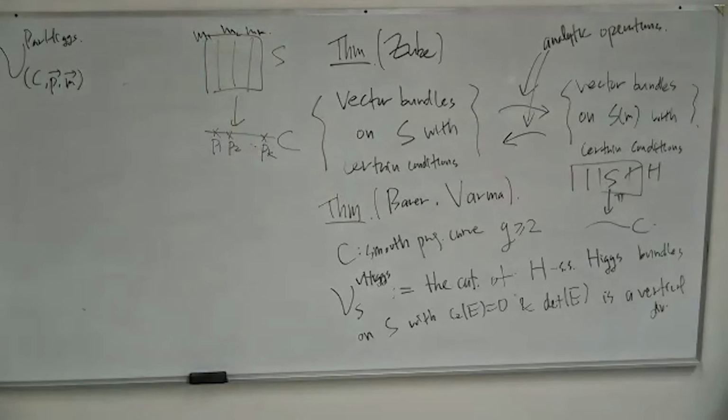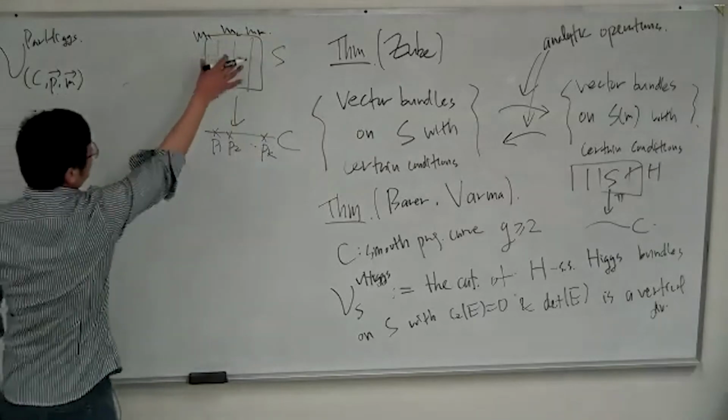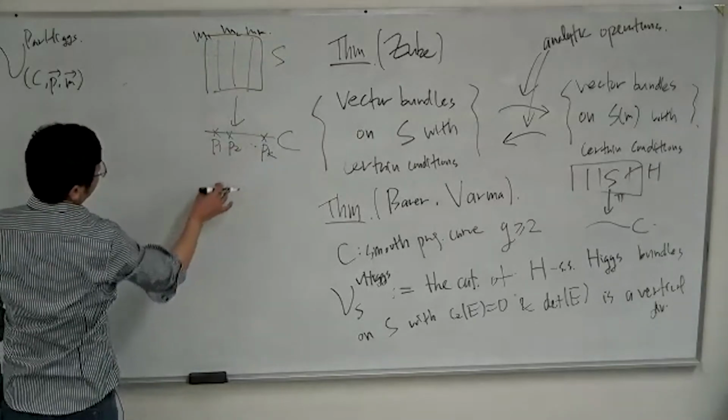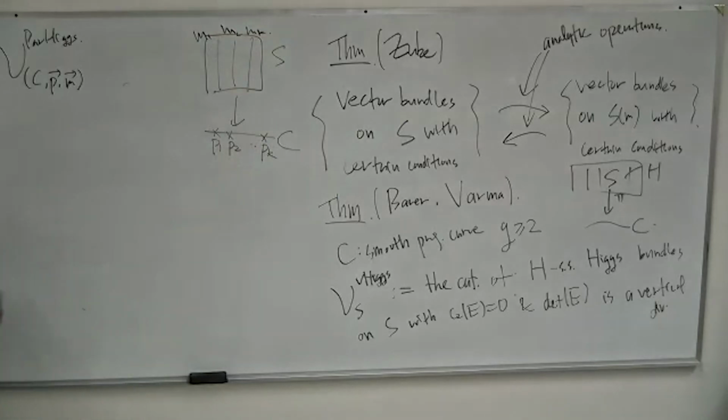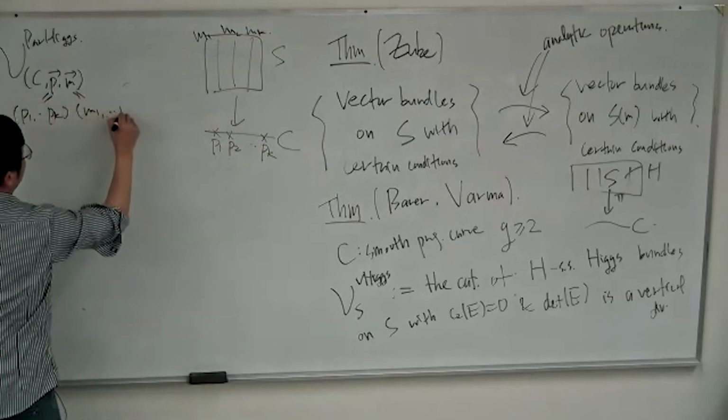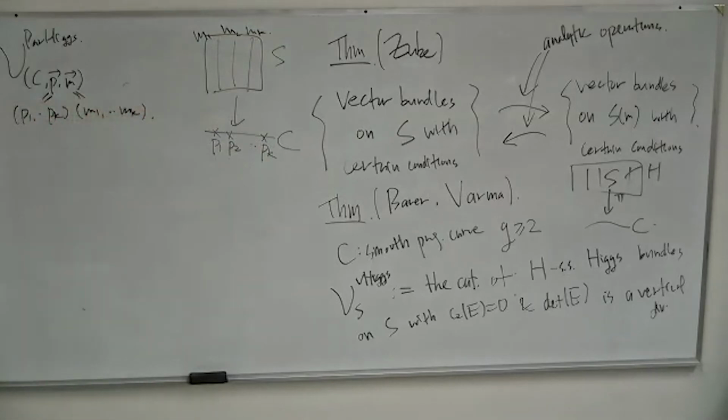The points where these multiple fibers are located and their multiplicities give me this data. And then I consider this category of parabolic Higgs bundles.